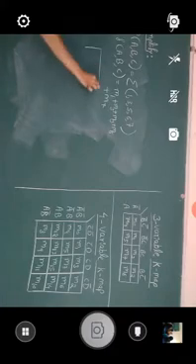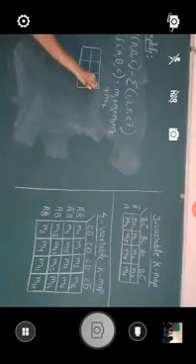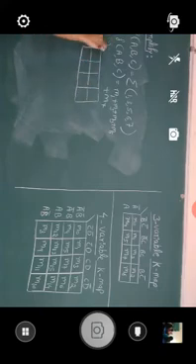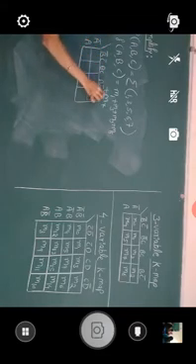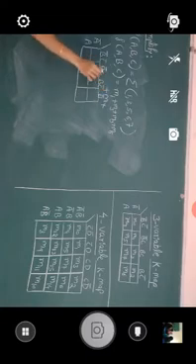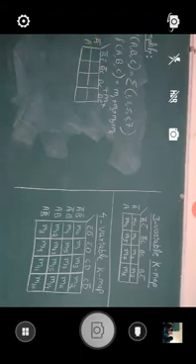Now we have to draw the K-map. Once I mark the K-map, then I have to mark the values of the minterms.